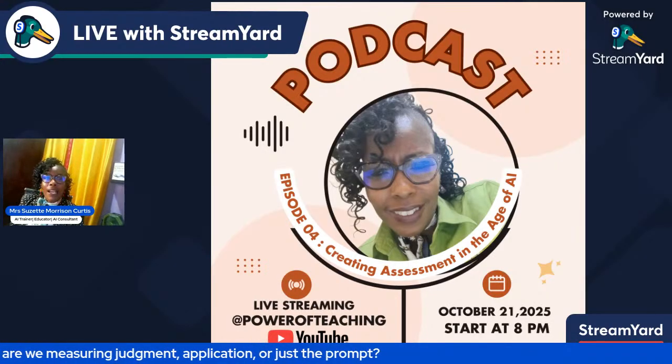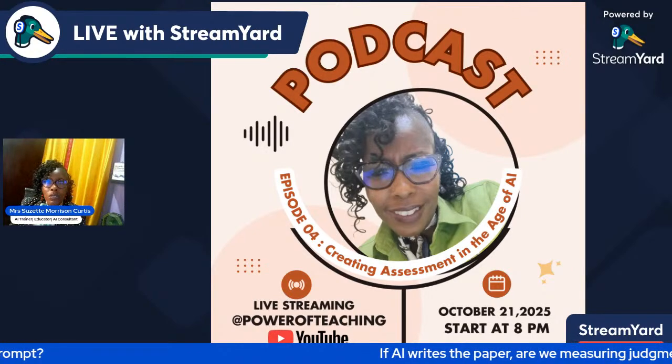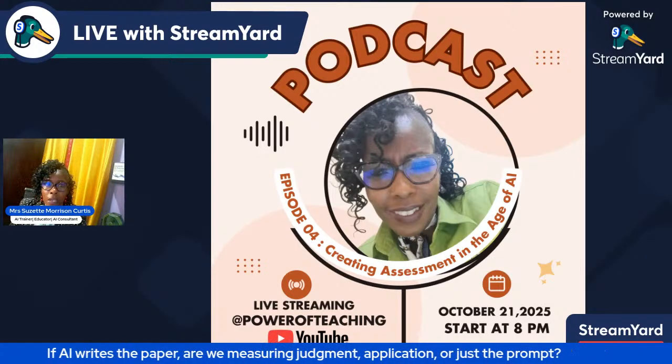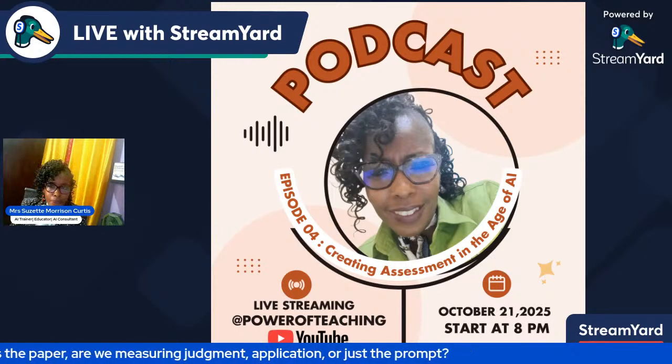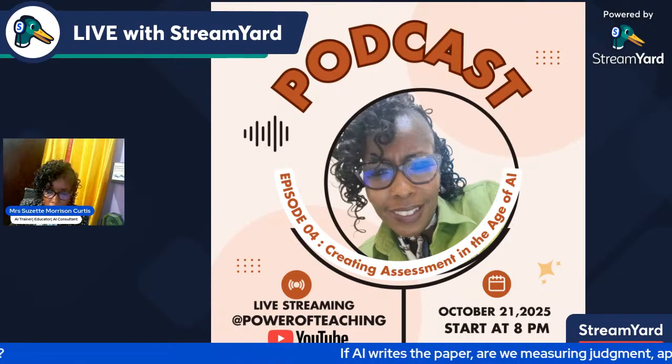But as I said last week, you start small. You don't just do everything like everybody. You try to use tools that are somewhat familiar to you, so you can be comfortable in the space. So today's presentation will be looking at various action strategies that you can be using in your classroom.